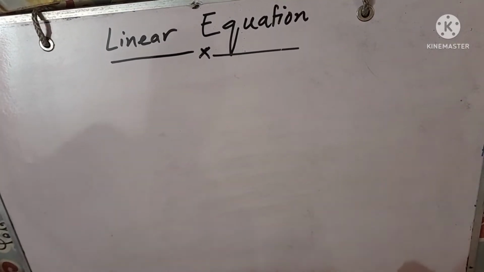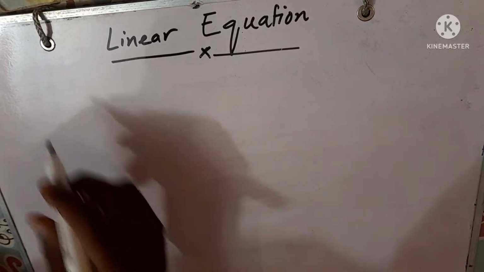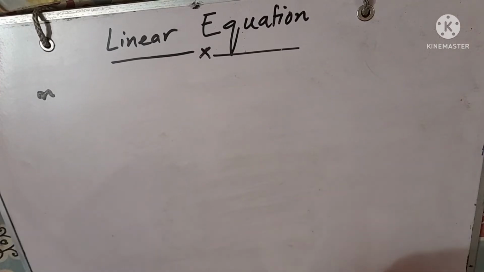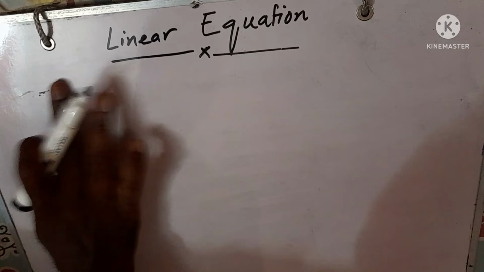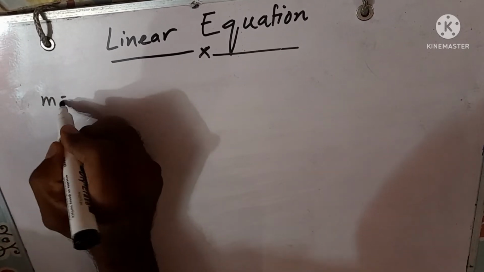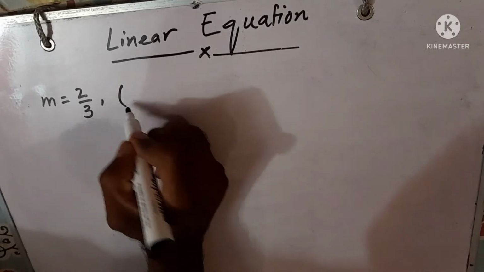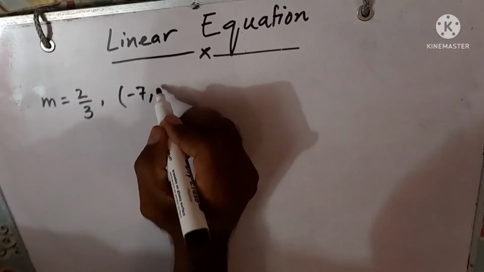Okay, in our second example, sometimes they give you the gradient, that is m equals, let's suppose, 2 upon 3, and they also give you a coordinate.